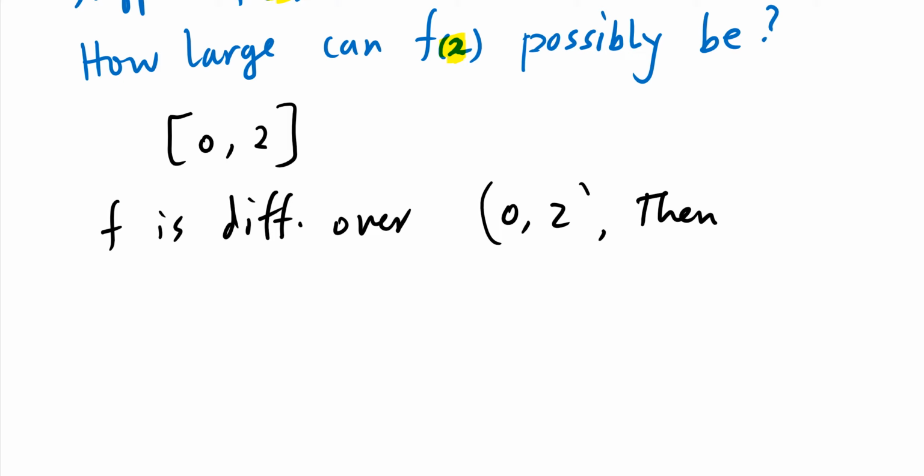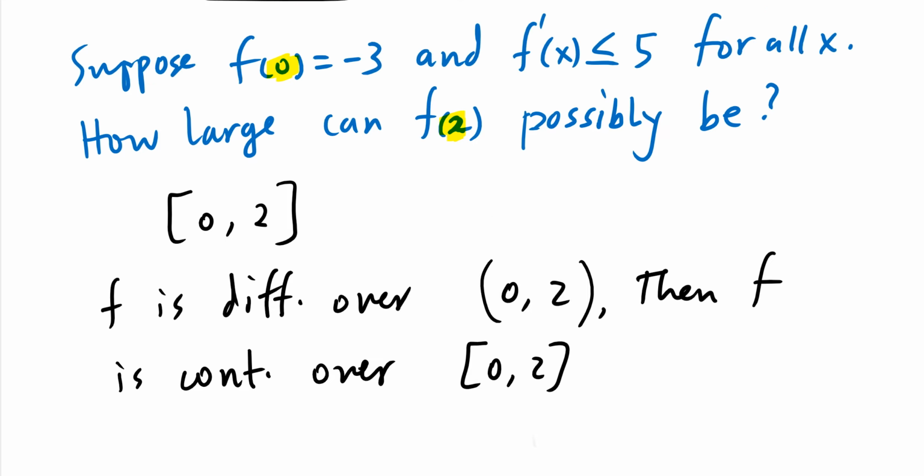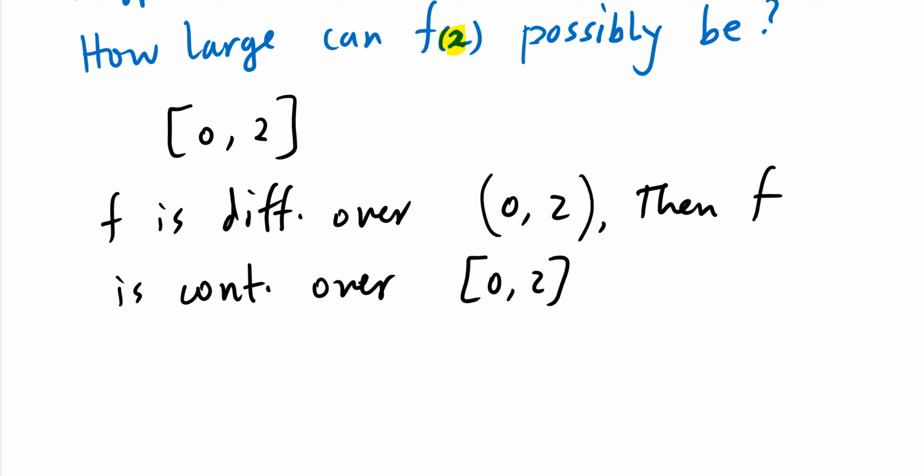So if the function is differentiable, it's continuous over this interval that we chose. So they meet the mean value theorem conditions. We know f of 0, but we don't know f of 2. We're trying to see how large f of 2 can be. I don't think Rolle's theorem can be applied here, so we're going to try the mean value theorem.